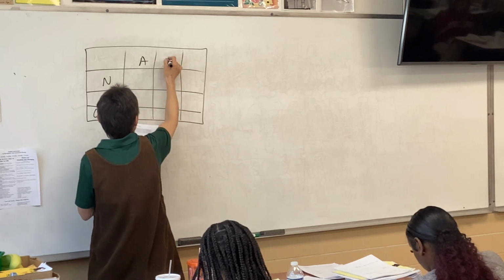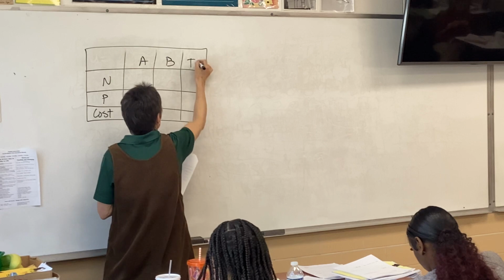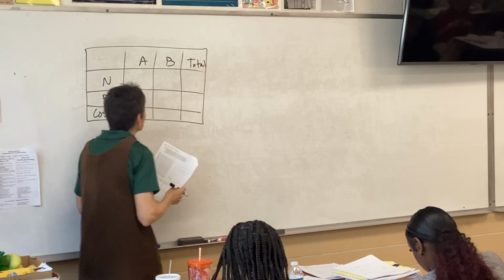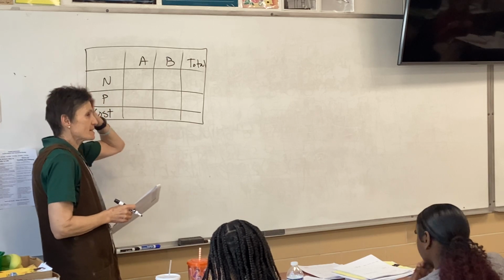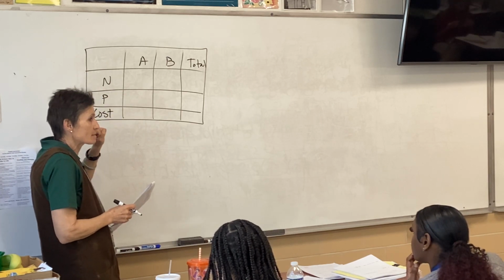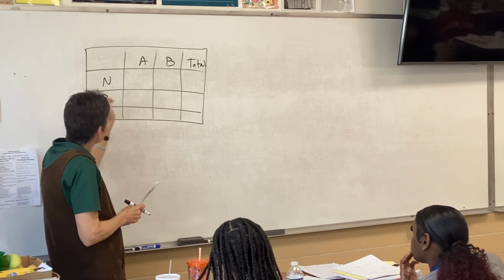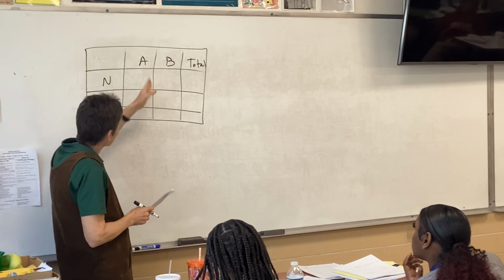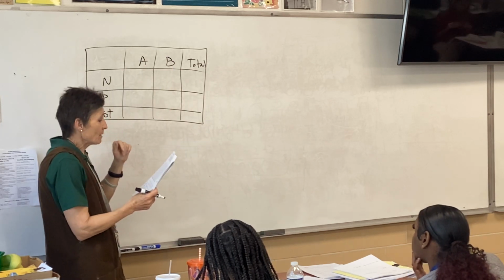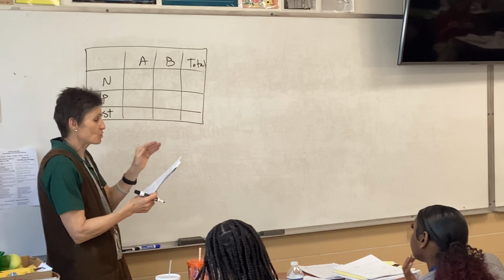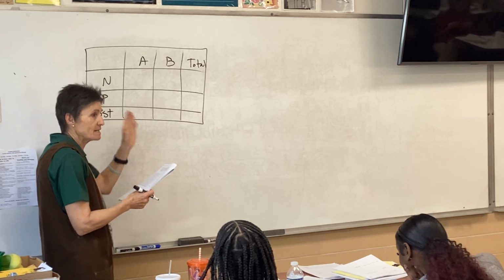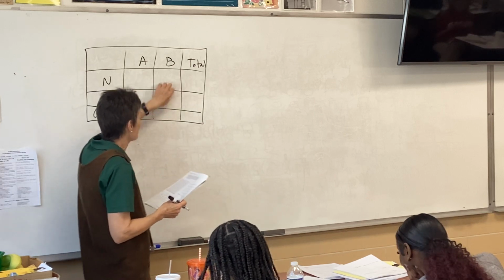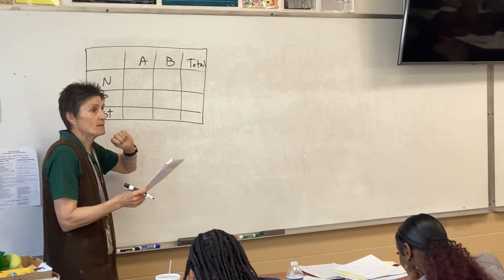We've got brand A and brand B. So this is kind of like a matrix where here are the rows, and then here are the columns. Looking at the problem and just reading it, can you fill in any of these boxes from the numbers in the problem?